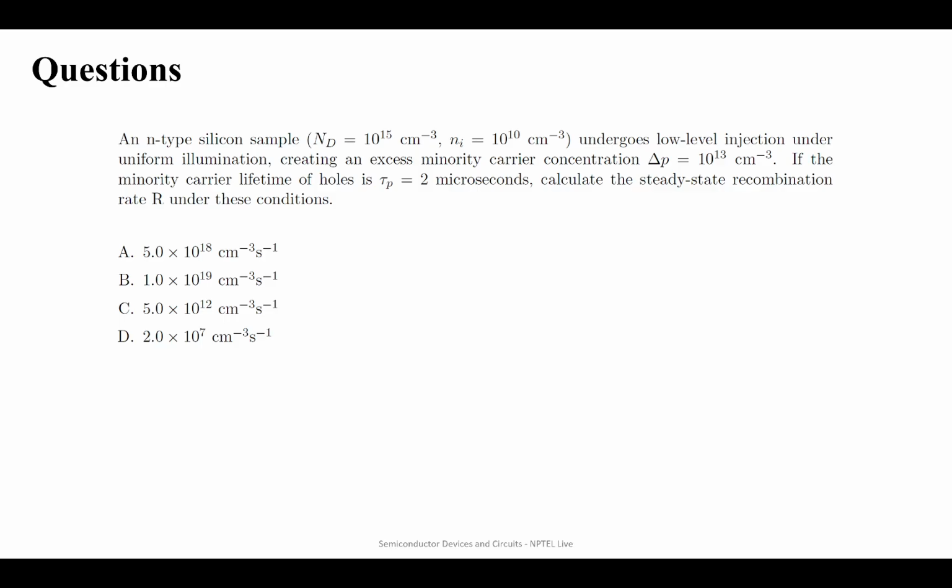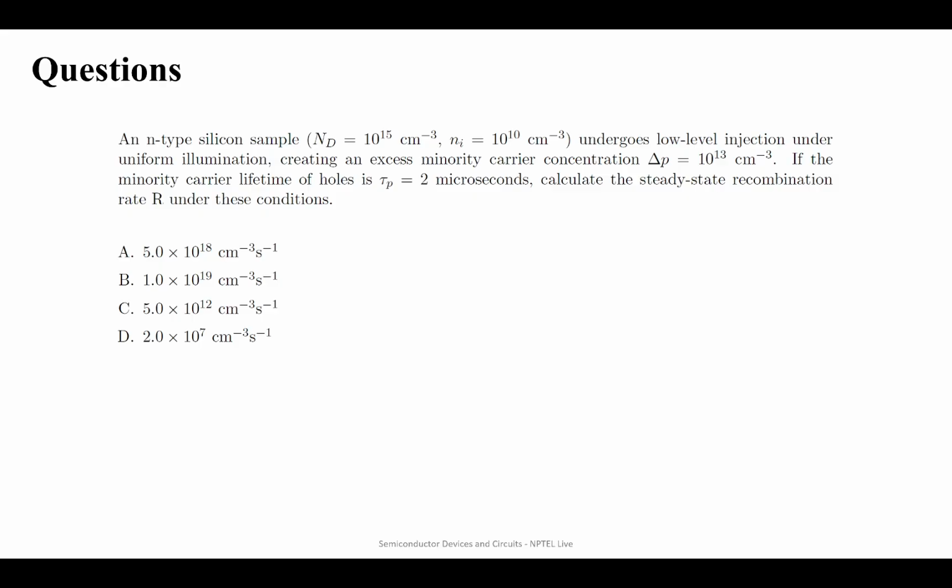An n-type silicon sample, Nd equals 10 to the 15 per cm cubed, ni equals 10 to the 10 per cm cubed, undergoes low level injection under uniform illumination, creating an excess minority carrier concentration delta p equals 10 to the 13 per cm cubed.